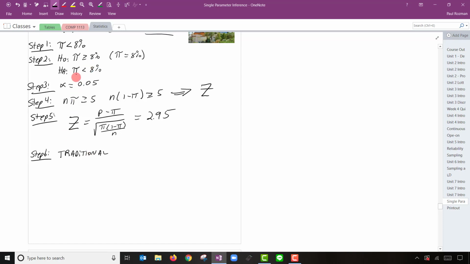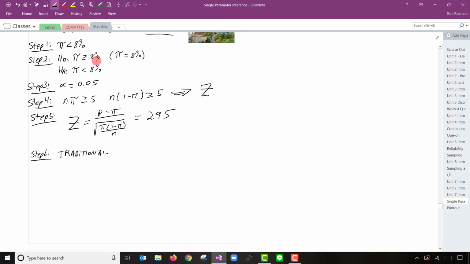Let's go back to the original setup. Look at the null hypothesis here. Pi greater than or equal to 8%. What's weird in that case? If you got a percentage that was, say you got 90% of the windows are broken, would you reject this? No, you're fine with it.